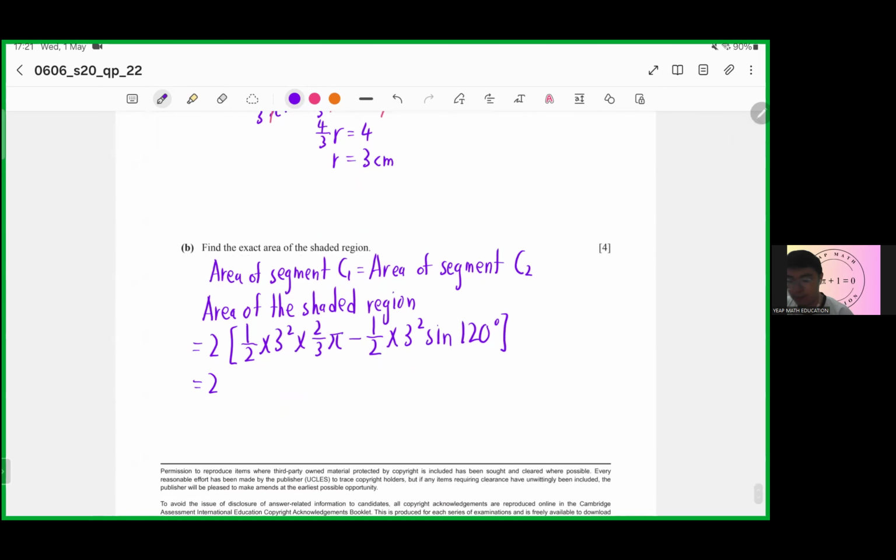Then we solve it as 3 pi minus 9 root 3 over 4. So we just multiply by 2, we get 6 pi minus 9 root 3 over 2. Okay, so this is your answer.